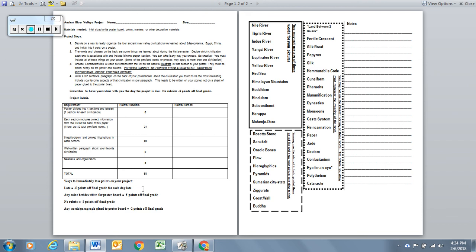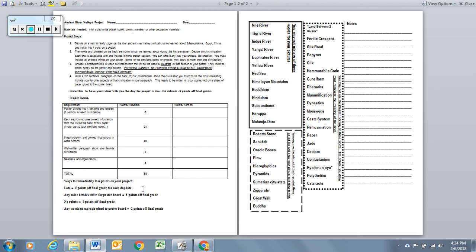So if you turn in on February 21st, that's 5 points off. That is a 53 out of 58, the highest grade that you can get. That's a B. If you turn it in on the 22nd, that is 10 points off. That's a 48 out of 58, the highest grade that you can expect. That is a C. You do not want to turn this in late.